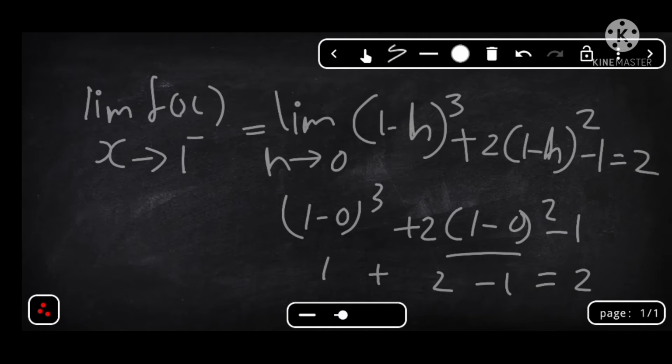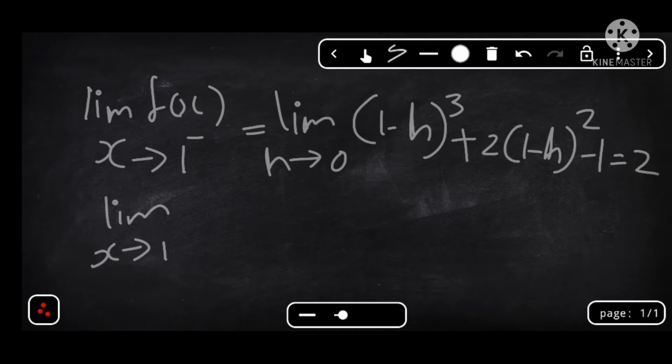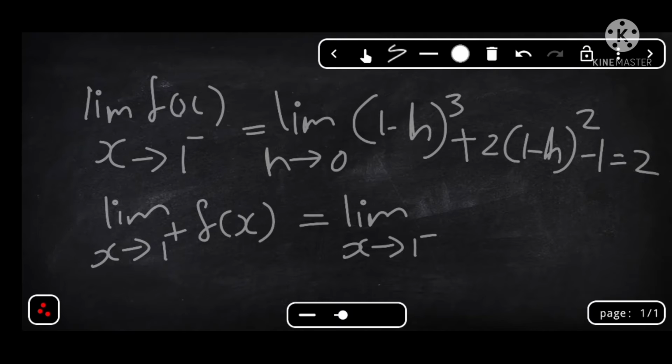Clear? Now from this what have we got? What is our conclusion? From this we can say that limit x tends to 1 plus f of x is equal to limit x tends to 1 minus f of x.